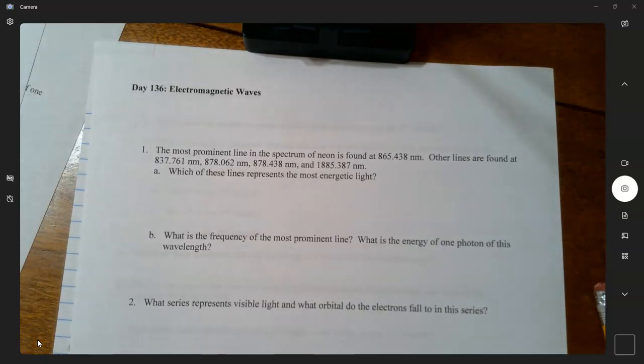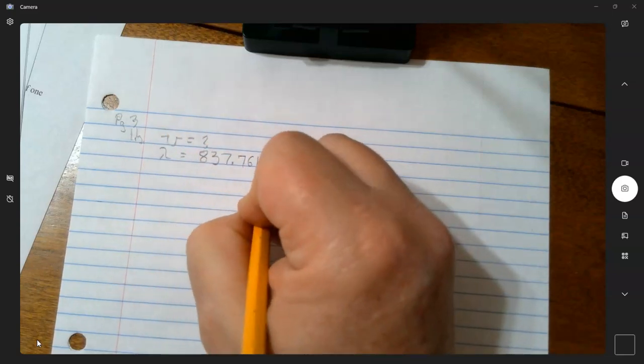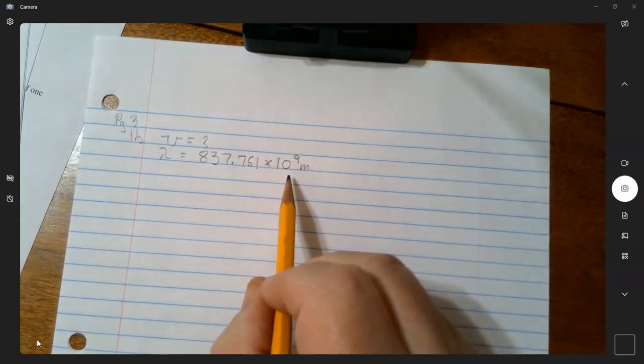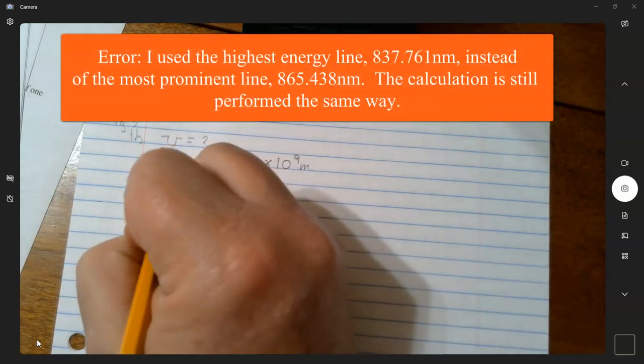Okay, letter B says, what is the frequency of the most prominent line? What is the energy of one photon of this wavelength? So I'm going to go back to line paper. This will require calculation. Okay, so I went right away to converting to meters, 10 to the 9th meters. Okay, and of course we know the speed of light.